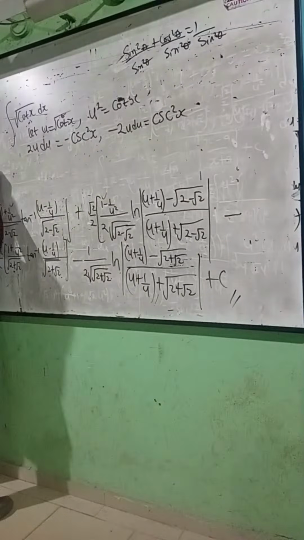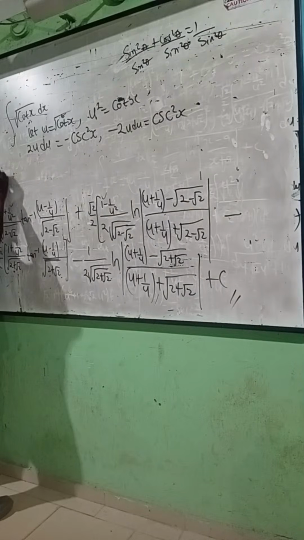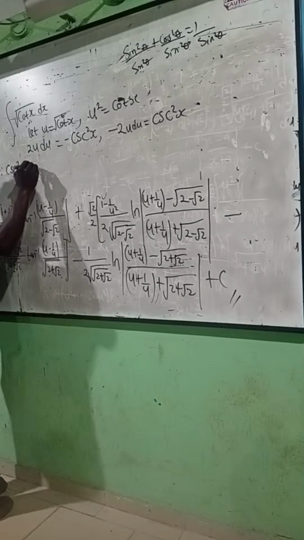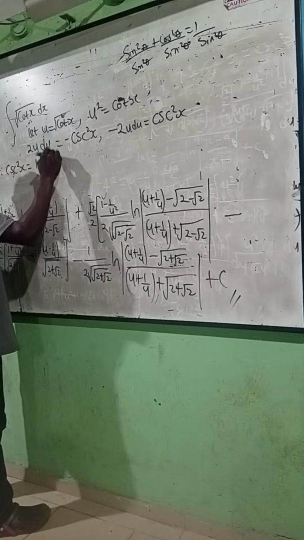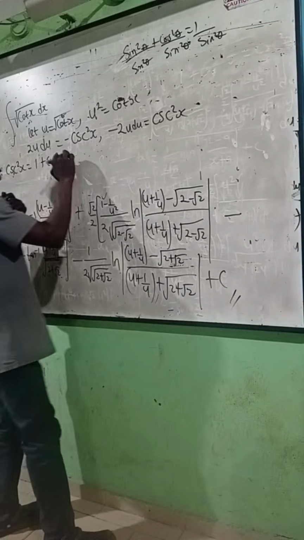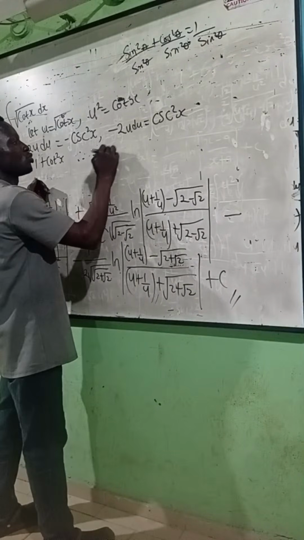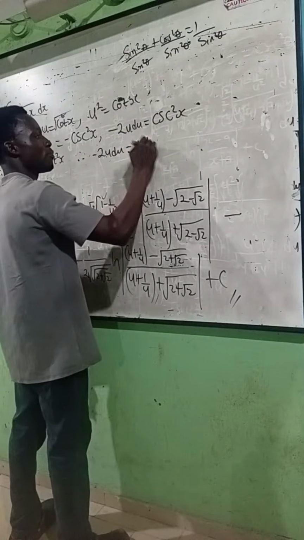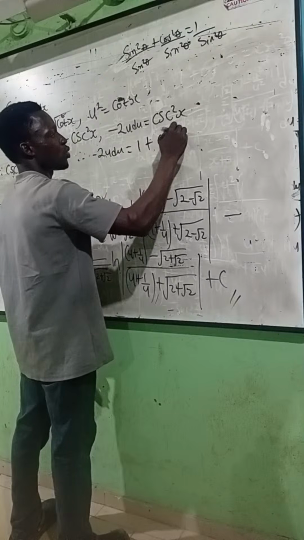So since cosec square x equals to 1 plus cot square x, therefore minus 2u du equals to 1 plus cot square x.